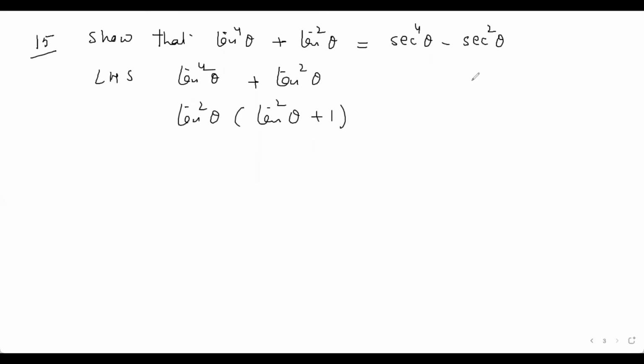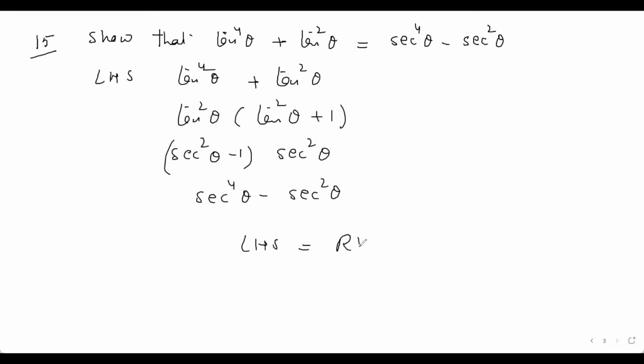On the right hand side there is sec θ and on the left hand side I have tan θ, so change tan θ in terms of sec θ. tan²θ can be written as sec²θ − 1, and tan²θ + 1 is equal to sec²θ. Now multiply it, it is sec⁴θ − sec²θ. So left hand side is equal to right hand side.